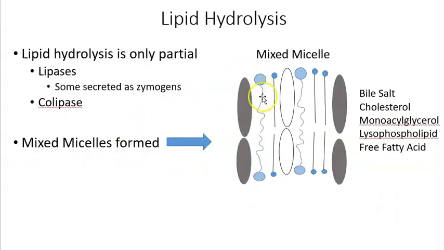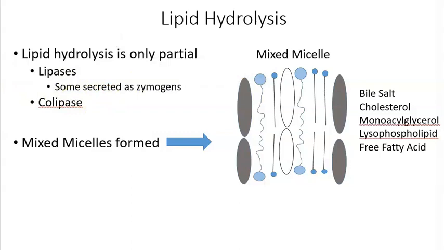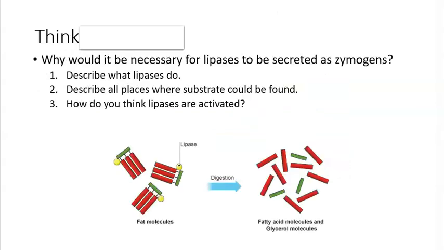So some of these free fatty acids are in here when we add lipases, colipases, different types of compounds that are broken apart. Some of these are secreted as zymogens. This term zymogen refers to something that's released as a precursor. And that precursor, when it interacts with the low pH of our stomach, actually turns into the active enzyme. So it gets activated in the gut.